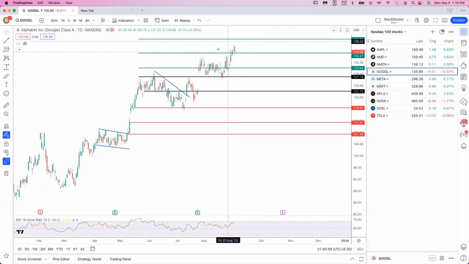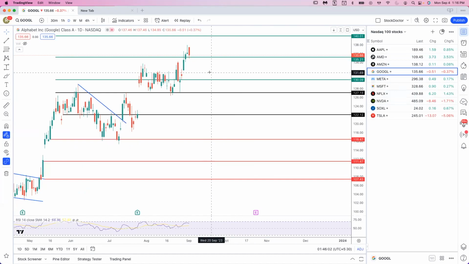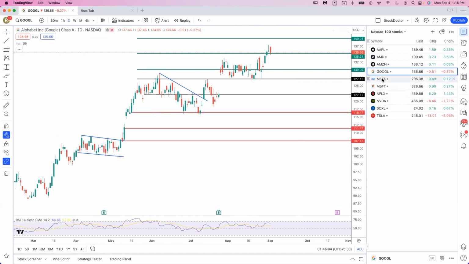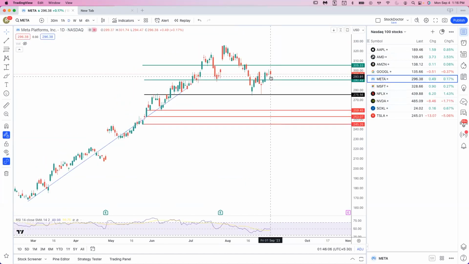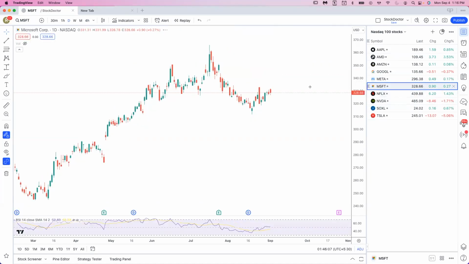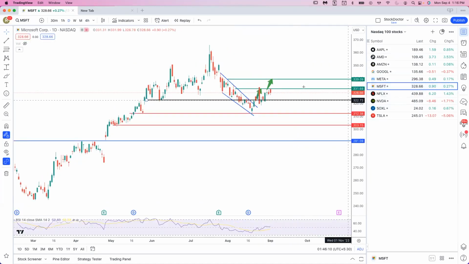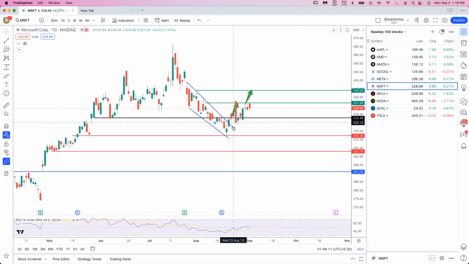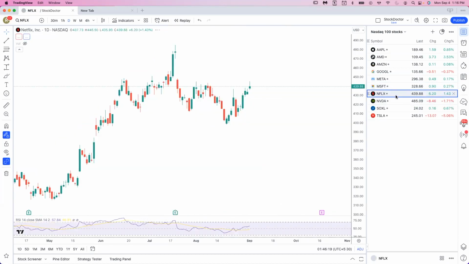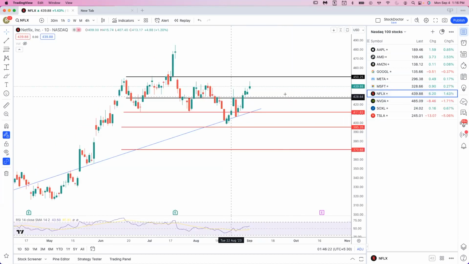If you see Google, Google has given a red closing on Friday. If we talk about Meta, Meta is also red. Microsoft red. So we are just talking about the candles. We are not talking about the levels of all the stocks. These all stocks are giving us one direction, that market is looking for some sidelines to some small correction.